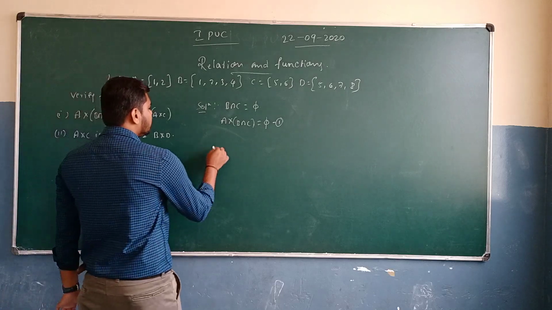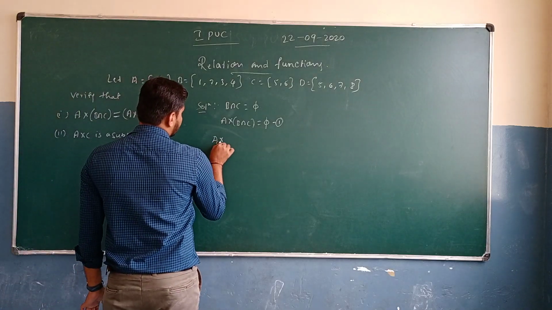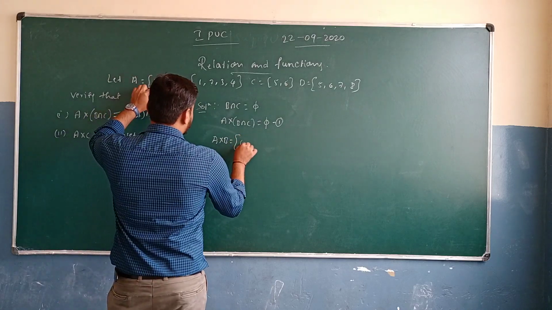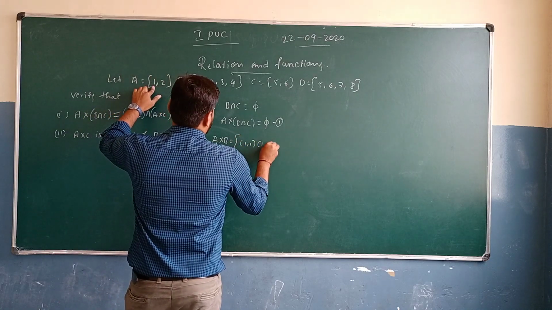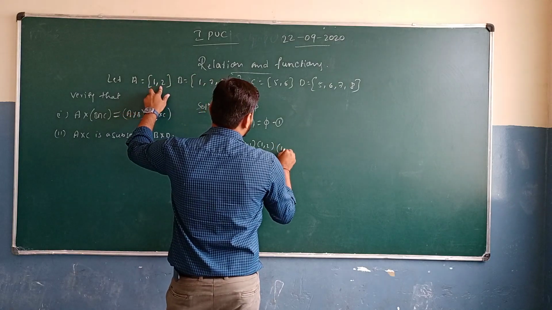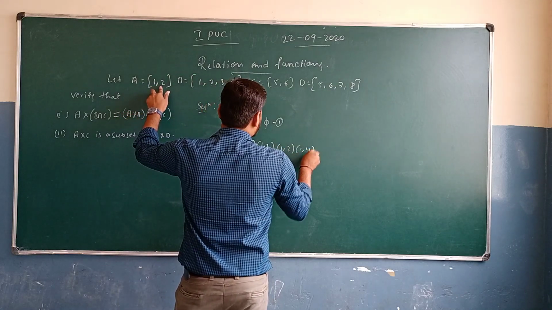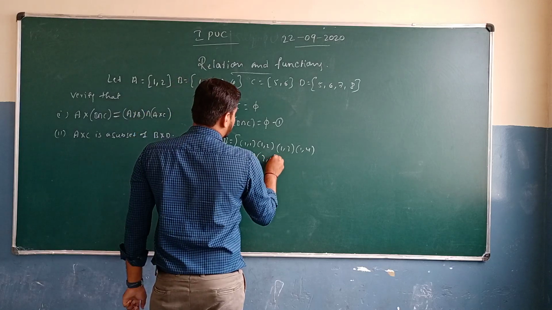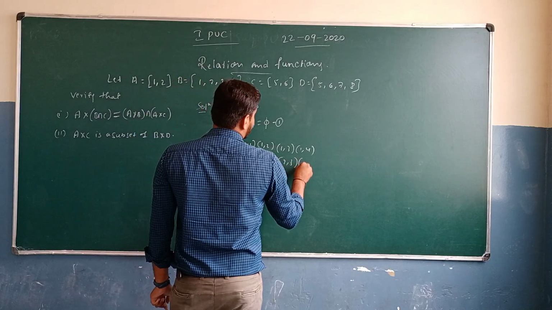Second, look at A × B. So 1,1; 1,2; 1,3; then 1,4. Next, 2,1; 2,2; 2,3; 2,4.